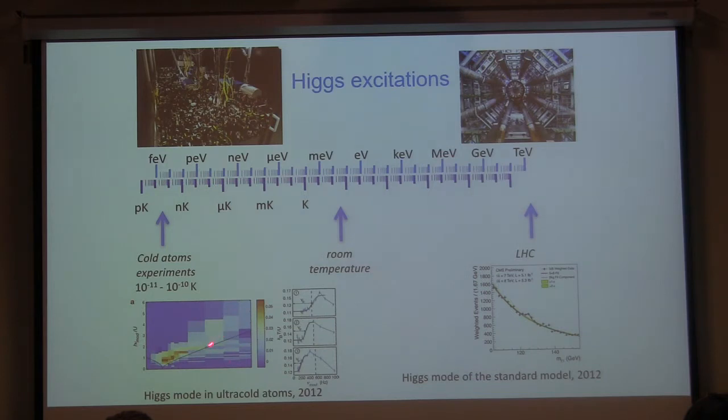And you can see a resonant process. When the modulation frequency matches the Higgs, there is a peak in absorption. And in the case of cold atoms, the excitation energy goes all the way to zero at the transition between the superfluid and the Mott phase.